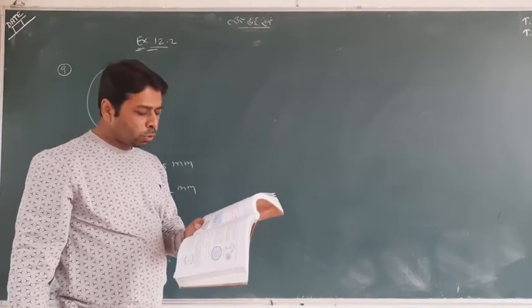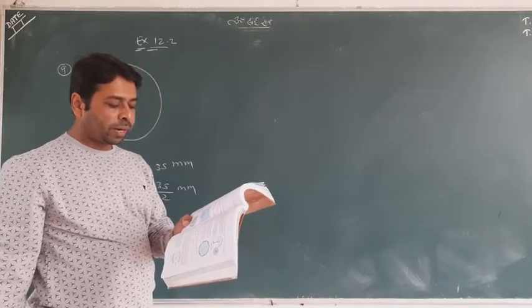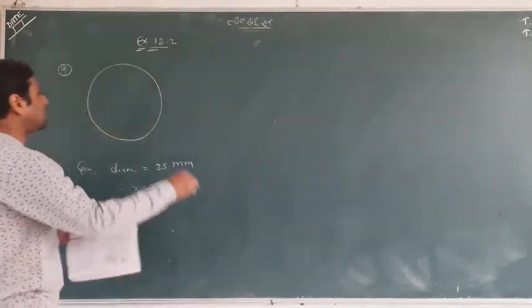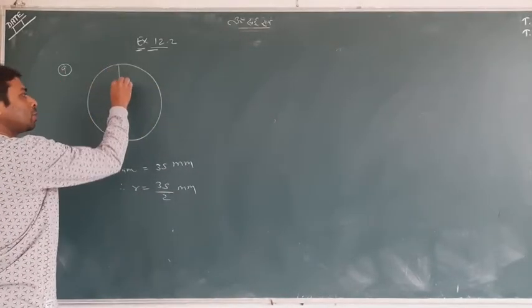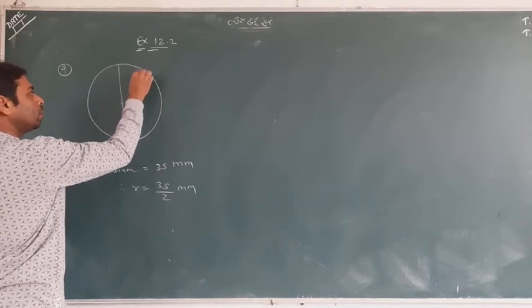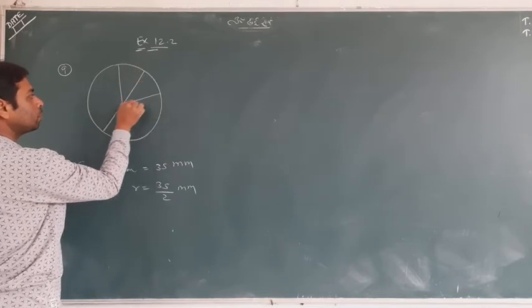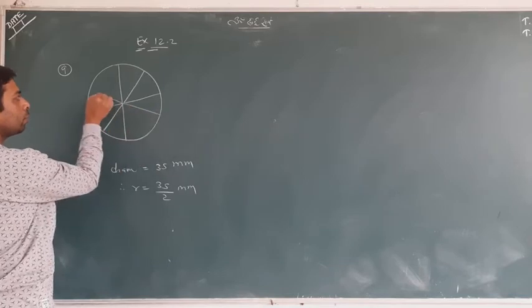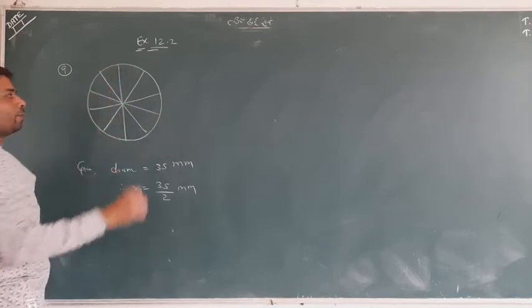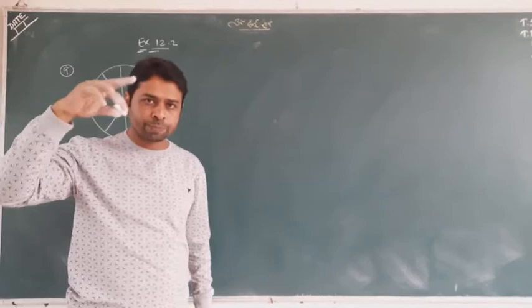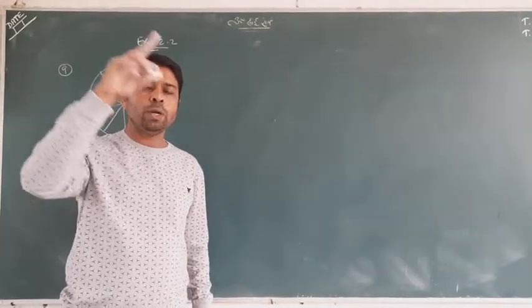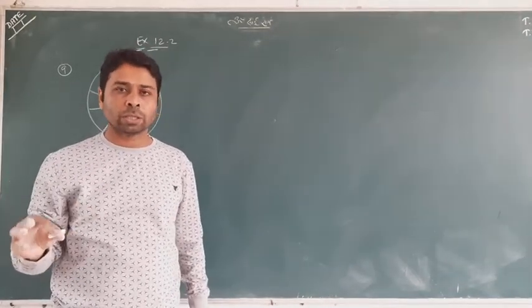The wire is also used in making 5 diameters which divide the circle into 10 equal sectors. 5 diameters are used: 1, 2, 3, 4 and 5. They divide the whole brooch into 10 equal sectors.